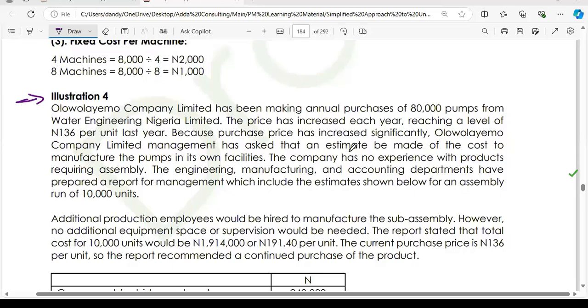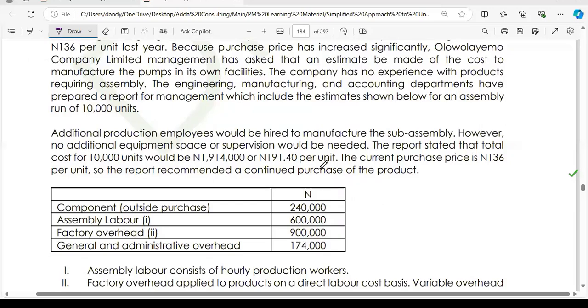The engineering, manufacturing, and accounting departments have prepared a report for management which includes the estimates shown below for an assembly run of 10,000 units. Additional production employees would be hired to manufacture the sub-assembly. However, no additional equipment, space, or supervision will be needed.